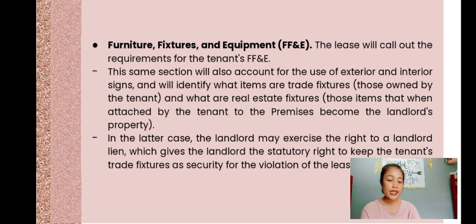So in the latter case, the landlord may exercise the right to a landlord lien, which gives the landlord the statutory right to keep the tenant's trade fixtures as security for violations of the lease. So in this section, the landlord can take the tenant's trade fixtures as payment for your violations of your contract.